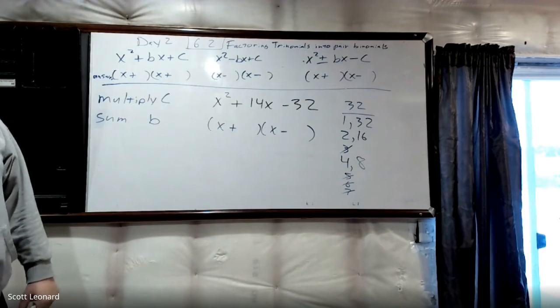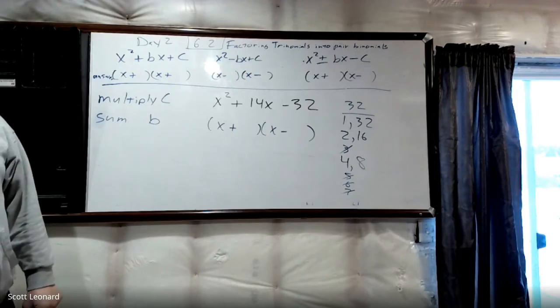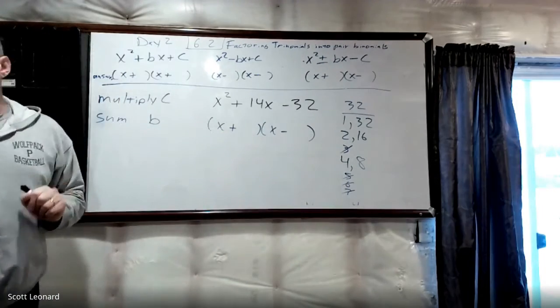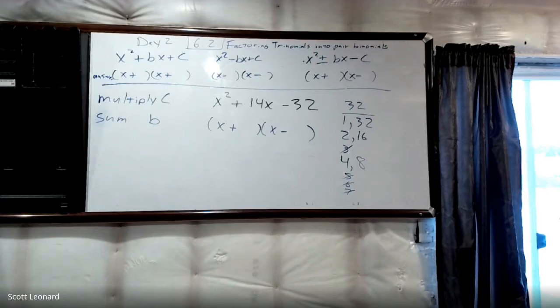Okay? How can I get a positive 14 out of these 3 pairs of numbers when I add them together? Alyssa, what do you got? -2 and a +16. Right.